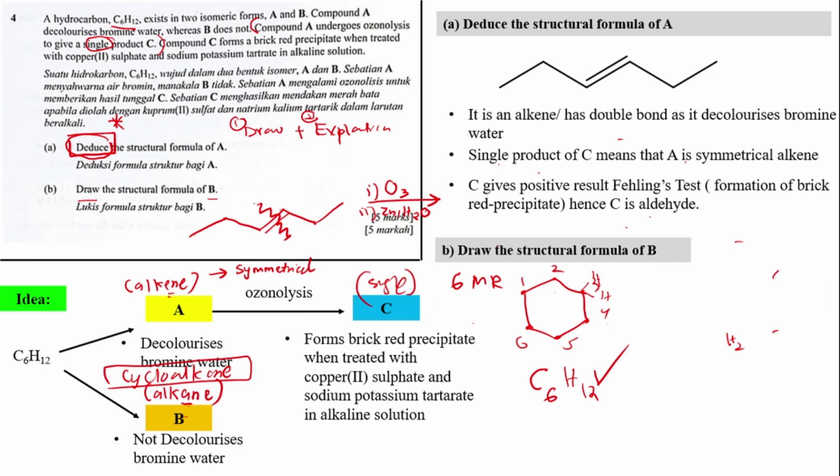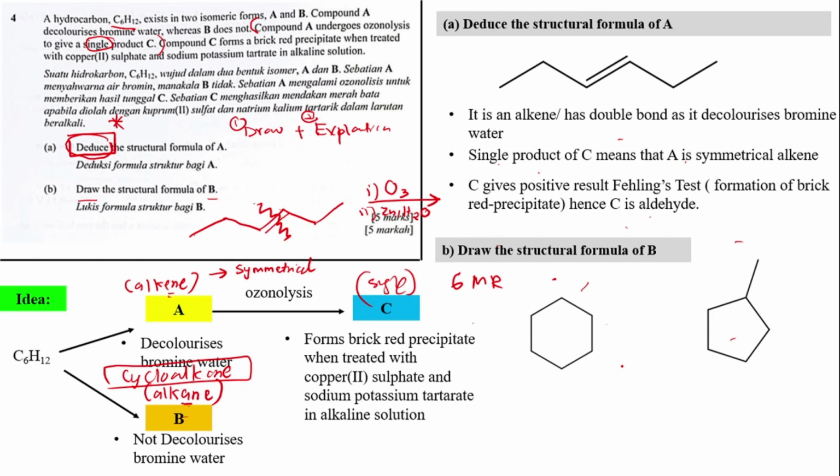Your answer can be a 6-membered ring, let's say a cyclohexane, or you can draw cyclopentane with a branch, or cyclobutane with 2 branches, or a cyclopropane with 3 branches, which is 3 methyl. Okay, so any of these answers will be accepted. So if you draw this one, you will also get the marks. Or if you draw the other one, you also will get the marks.